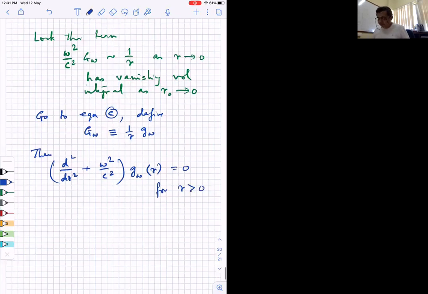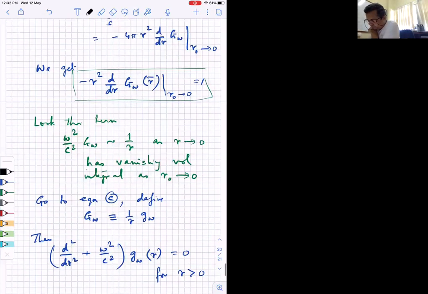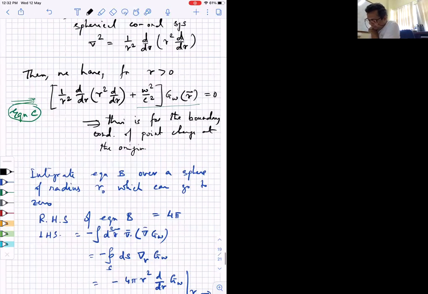So what we have done over here is to use these two things. Remember this had an r squared big GW.